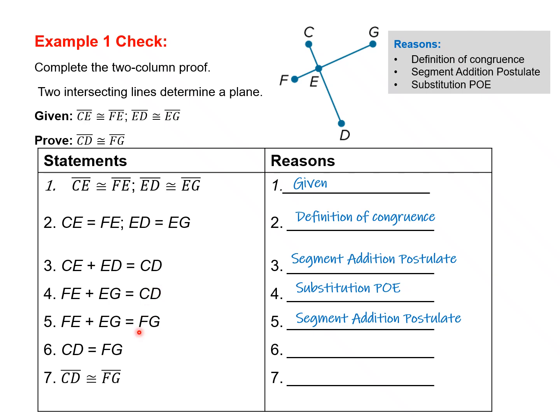So these two must be equal, and that is substitution, because I'm substituting FE plus EG with CD. So CD equals FG. And now we're going from saying that these two lengths are equal to saying their two line segments are congruent. That is the definition of congruence. All right, hopefully you had that one correct.